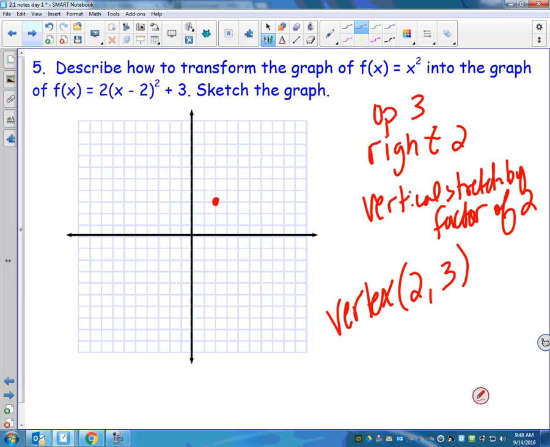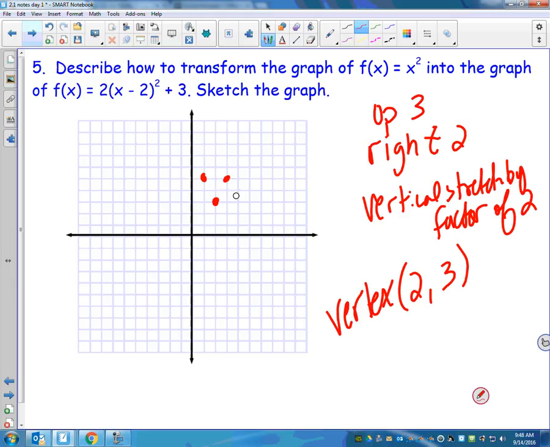And again, if you don't do well with the stretches, you can just make an x-y chart here. But I know that normally, if it wasn't stretched by a factor of 2, when I go over 1, I go up 1. I'm just going to double that, because I'm multiplying that by a factor of 2. When I go over 1, I'm going to go up 2 on each side. And normally, if I go over 2, I go up 4, so I would double that.